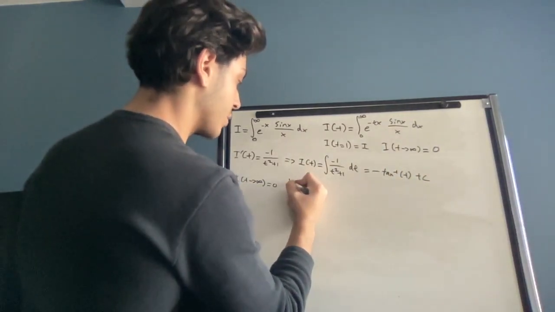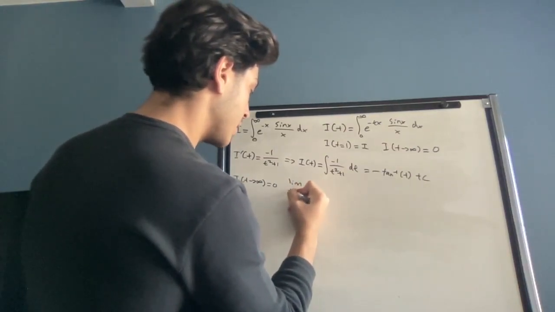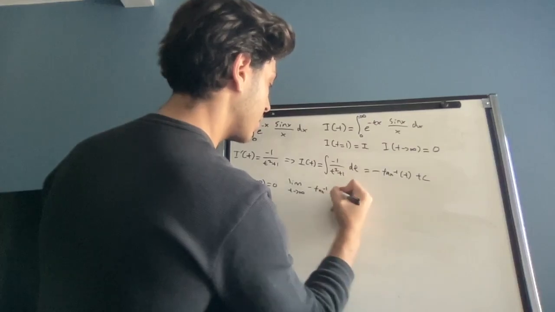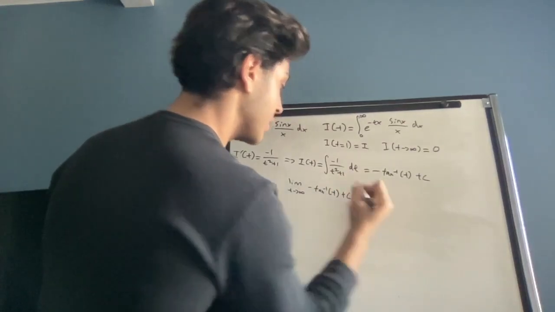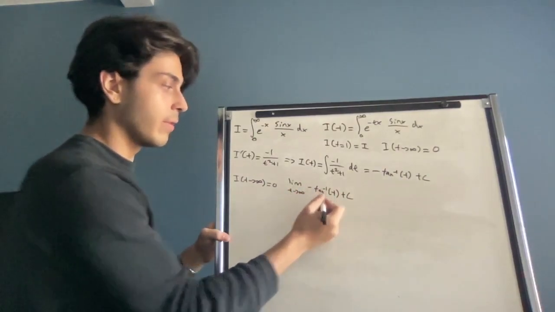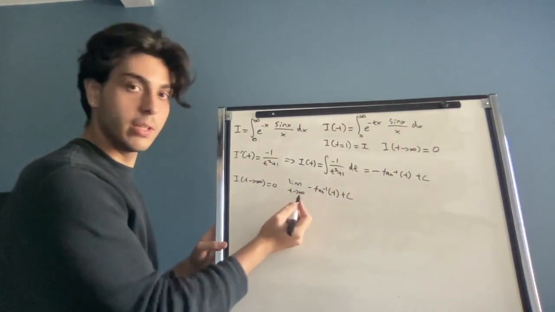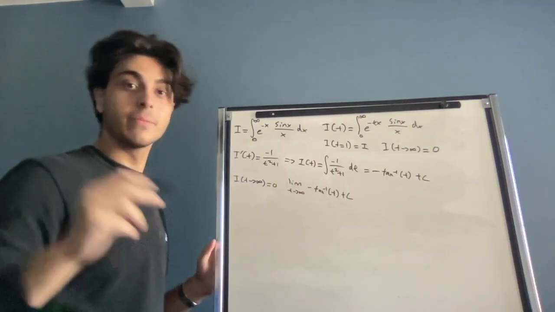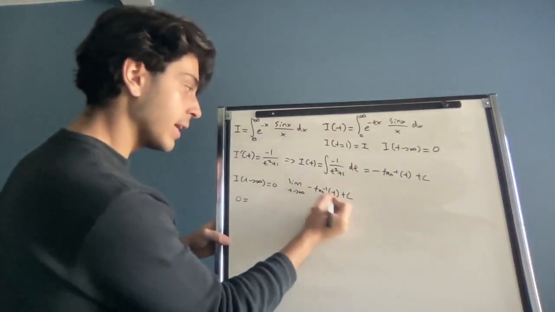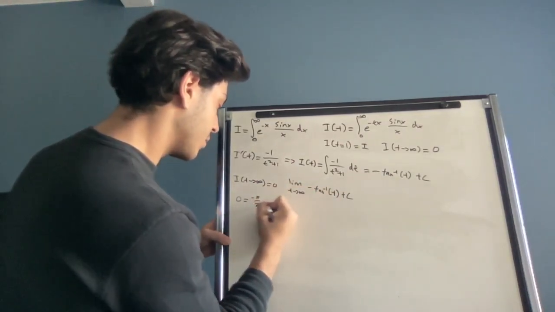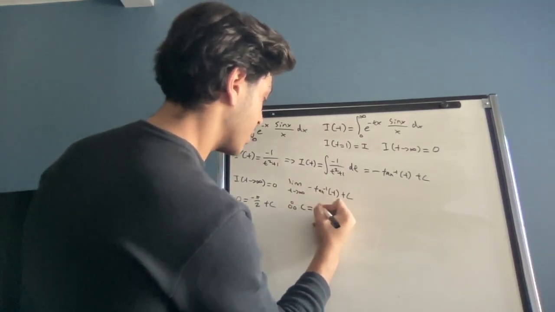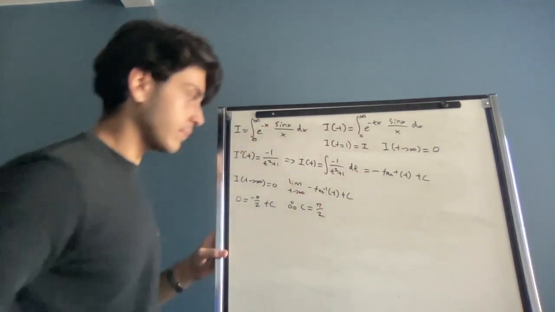This is then also equal to the limit, as t approaches infinity, of negative arctan of t plus c. The limit of a constant is just a constant, and the limit of arctan of t as it approaches infinity is pi over 2. So we get 0 being equal to negative pi over 2 plus c, which means c is just pi over 2.